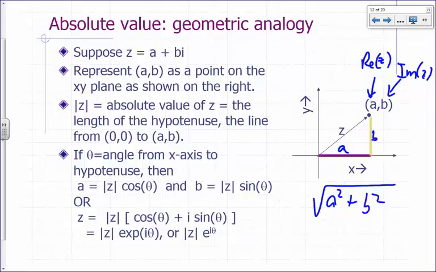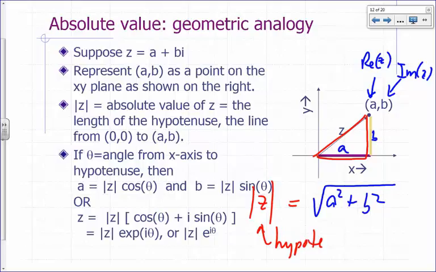This is a right triangle, right? So that's just the hypotenuse. Okay, so the absolute value of z is really just the distance from the point on the complex plane that represents that number to the origin, the length of the line segment from 0, 0 to the point a, b.